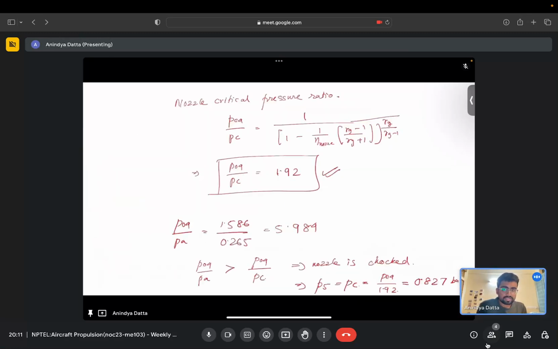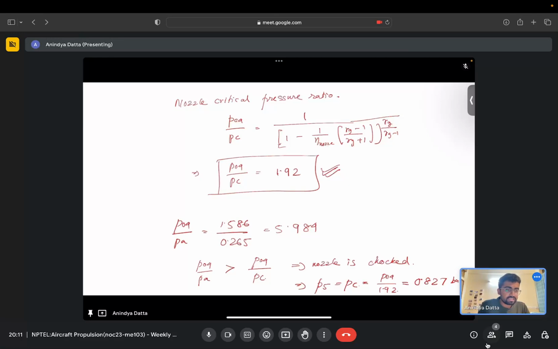The critical nozzle pressure ratio is this one, P4 by PC. This is just a function. If you are given the nozzle isentropic efficiency, you can directly find the critical nozzle pressure ratio. You don't need the upstream condition or anything to determine whether the nozzle is choked or not.